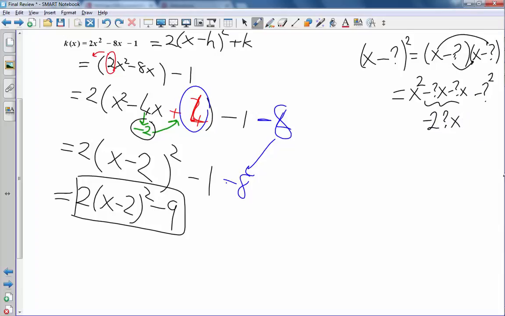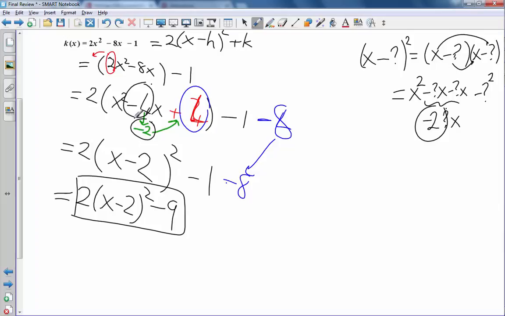So I'm just matching this. Twice a question mark must make minus 4. What do you think that question mark is? So I multiply with minus 2 and it becomes minus 4. Should be minus 2 or 2? Question mark should be minus 2 because you already have a minus, okay?